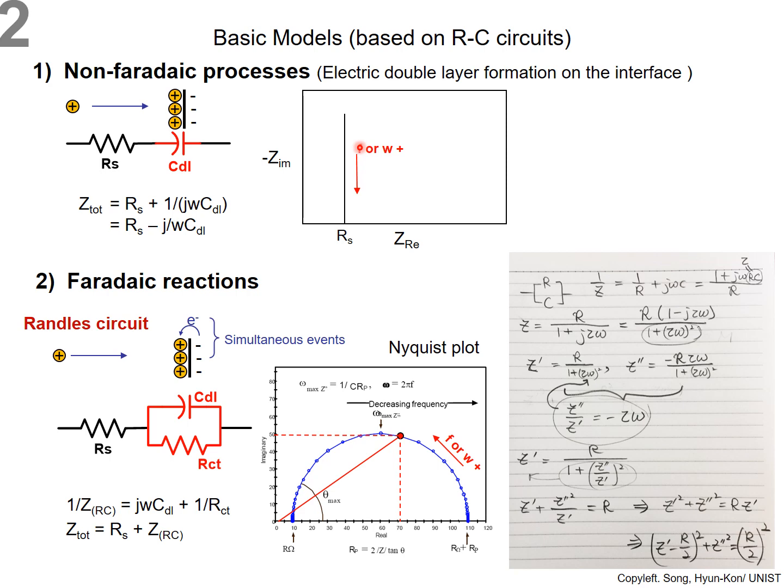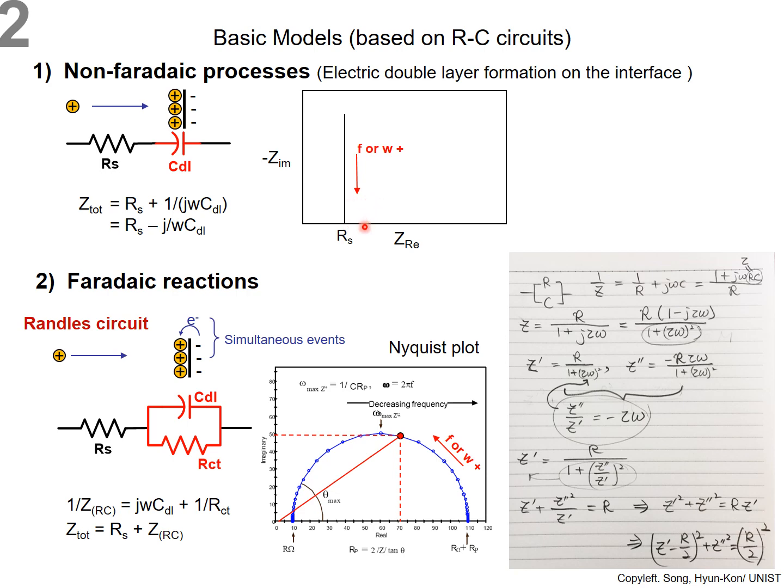This is a very ideal case. In practical capacitive processes or non-faradaic processes, you would have a line with some phase angle. Right now this vertical line has the phase angle at 90 degrees, or pi over 2.